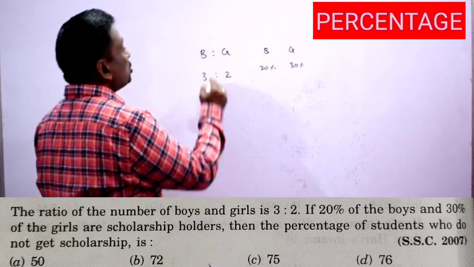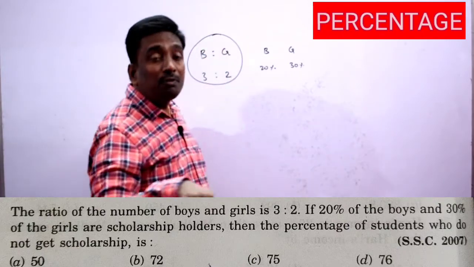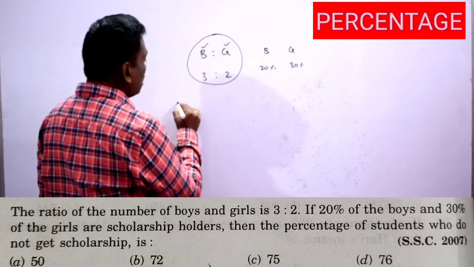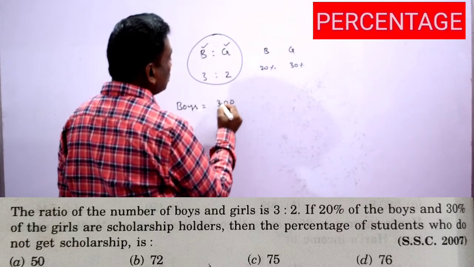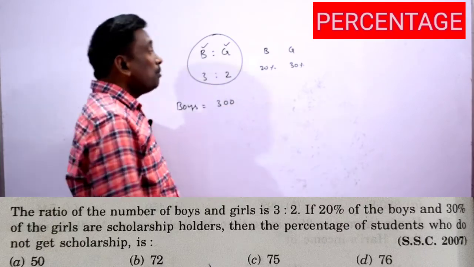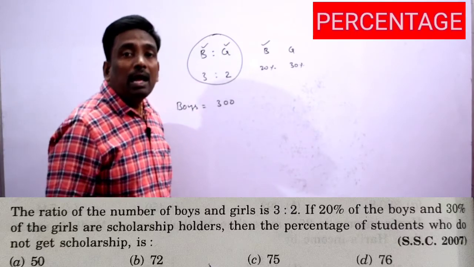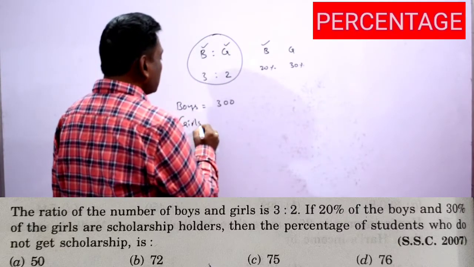When a ratio is given, according to our convenience we have to assume the number of boys and girls. Based on that we can easily find how many boys and how many girls get the scholarship.